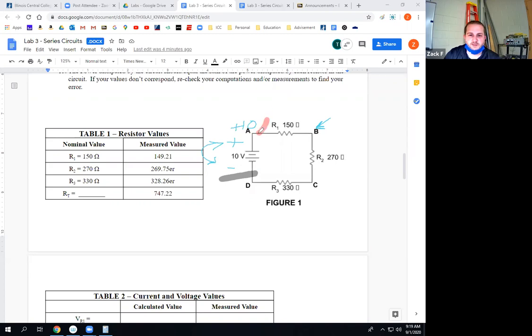So point A, you're basically just reading across the power supply, or if that was a battery, the voltage of the battery. At point B, we're going to put our lead somewhere between the two resistors. So what do we think that value is going to be?